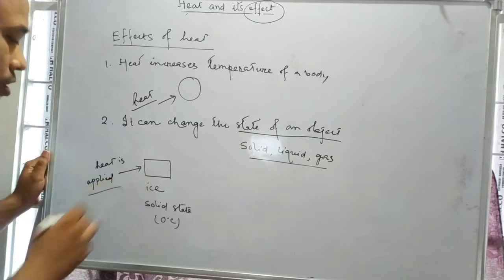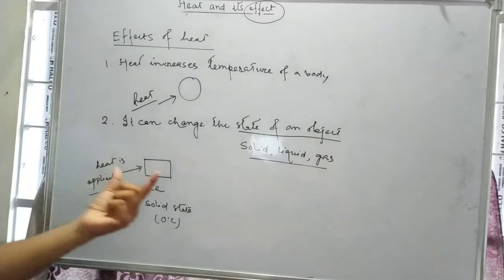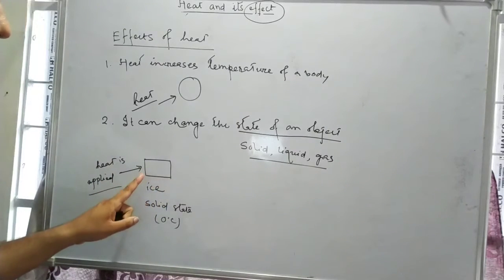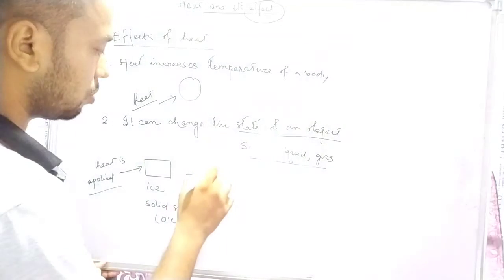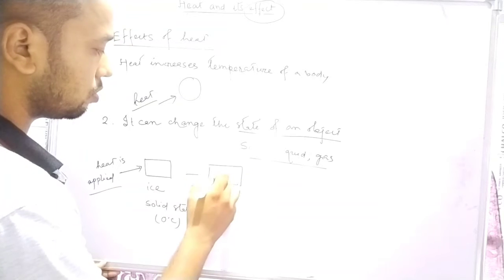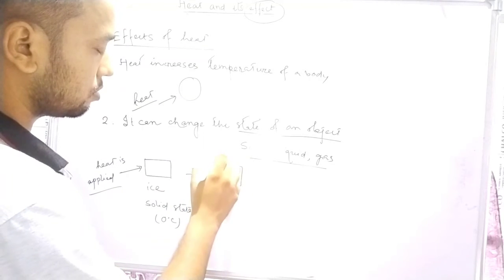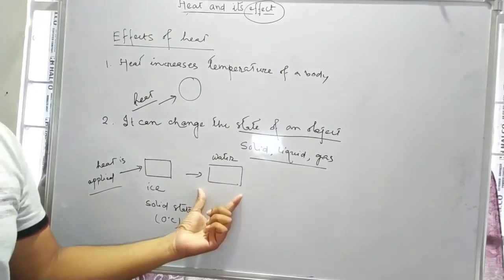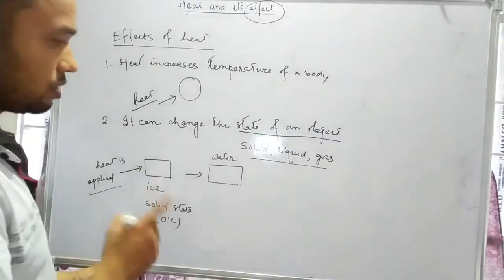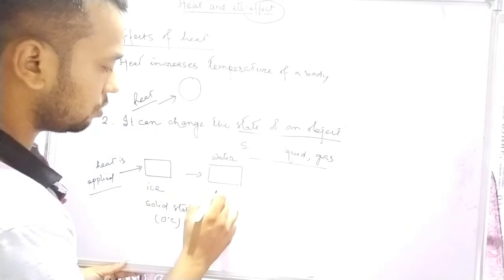When we apply heat to this ice cube, it will gradually start to melt. Then it will convert into water. After a certain instant of time, it will convert into water. That means it will change its state from solid to liquid.